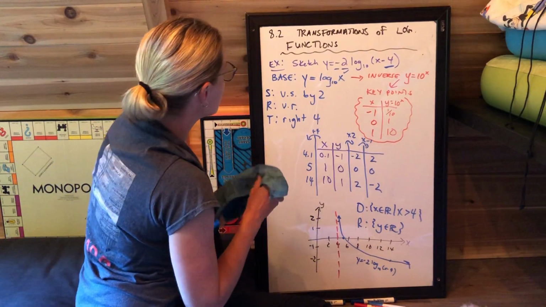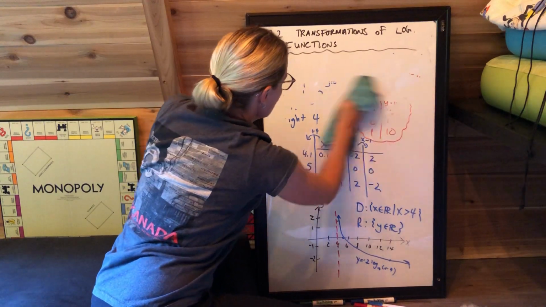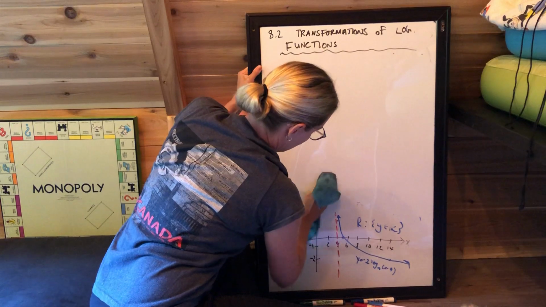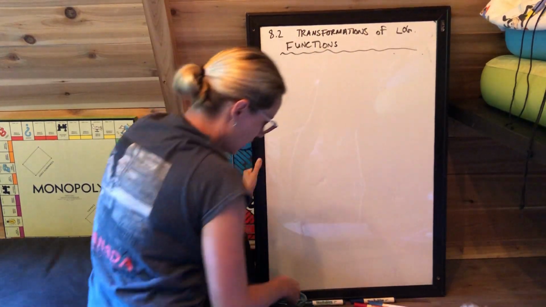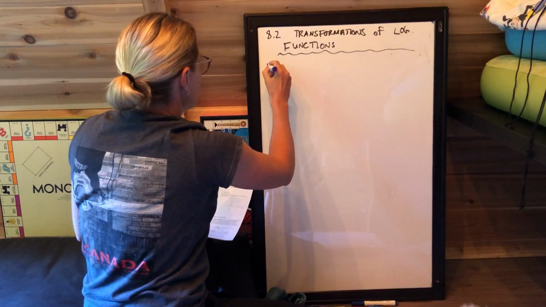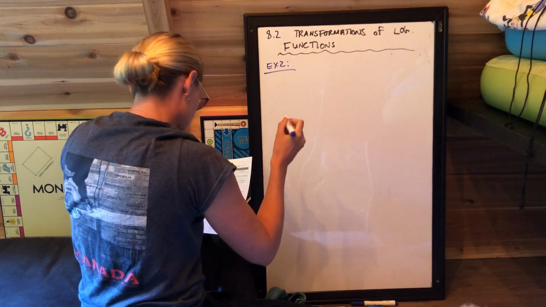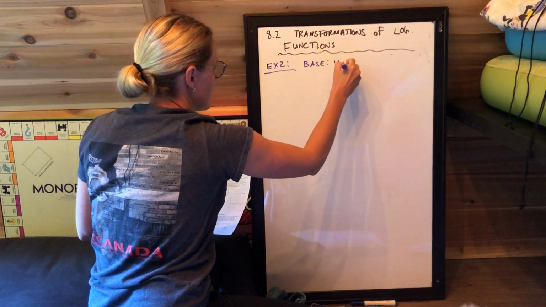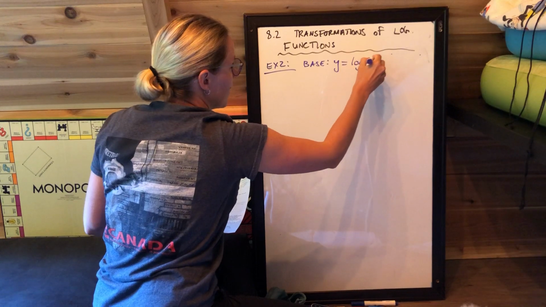Okay, the second example goes the other way. They give you the transformations and you have to come up with the formula. So in the question, I'm just going to write down what they list as the transformations. With the graph of the logarithmic function, the base they tell us is y equals log x base 5.